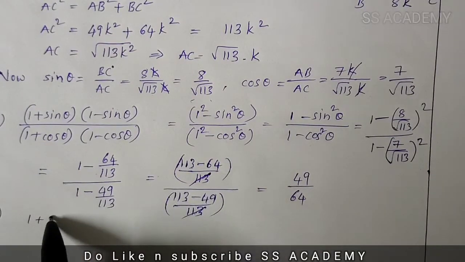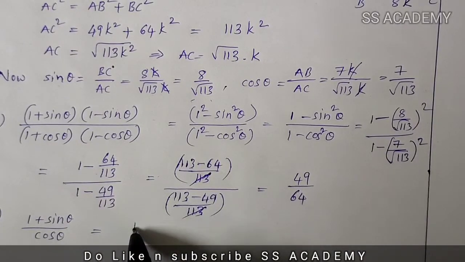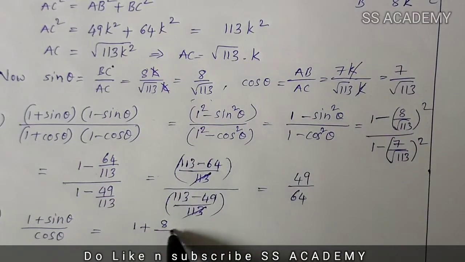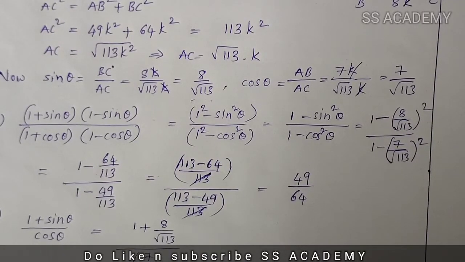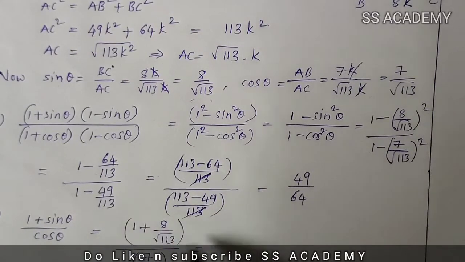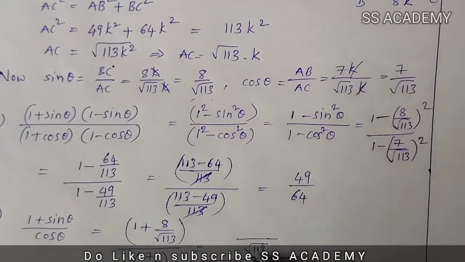1 plus sin theta by cos theta. That implies 1 plus sin theta, where the value of sin theta is 8 by root 113, by the value of cos theta, which is 7 by root 113. In the numerator, if you take LCM, root 113 is the LCM.